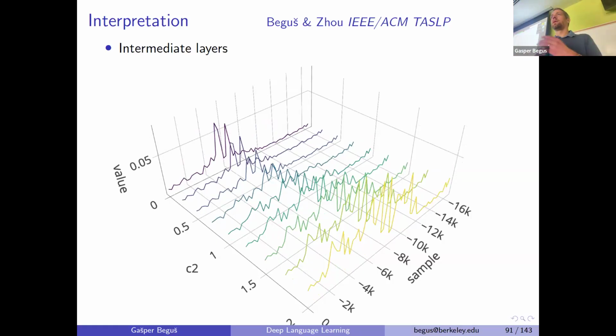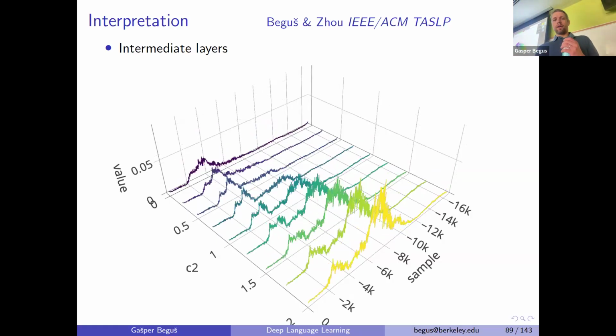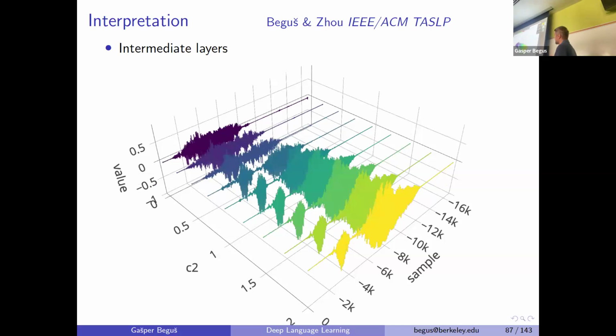Yes. Hi, can you explain the axis? Oh yeah. So this is time series, right? This is waveform, so time. Z is amplitude. And here is basically generation of waveforms.